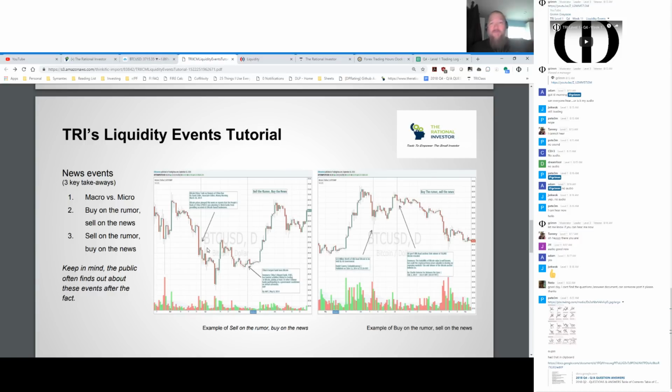If you already have a position on and you've got your stop management in place, that's fine. You don't necessarily have to take your position off because we're leading into a liquidity event, particularly for longer duration trades. If you're doing swing trades or daily or weekly based trades, you're going to span several liquidity events.